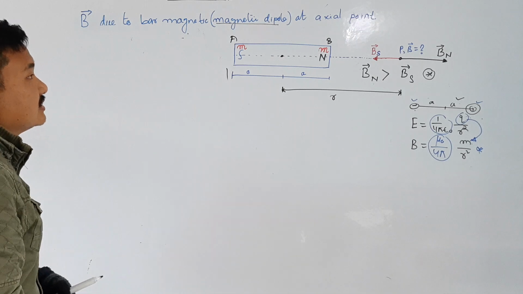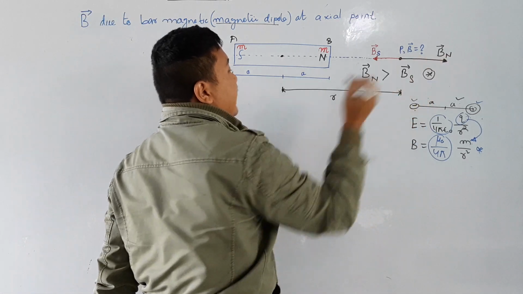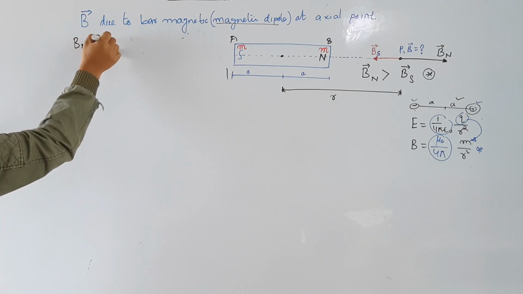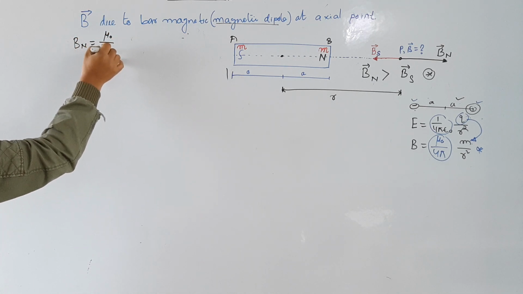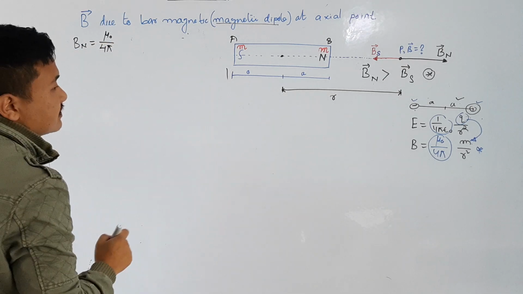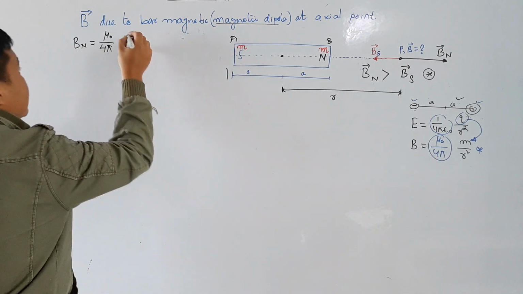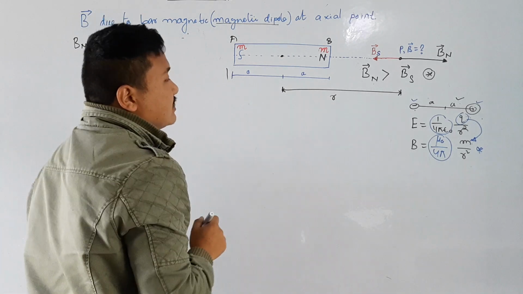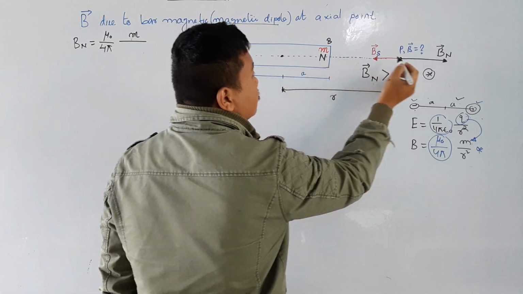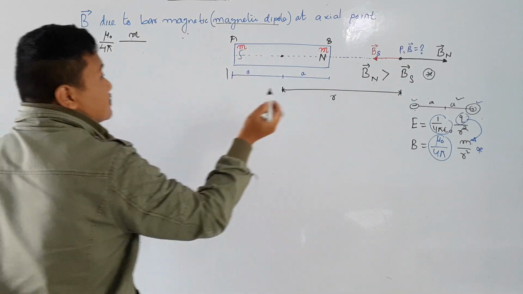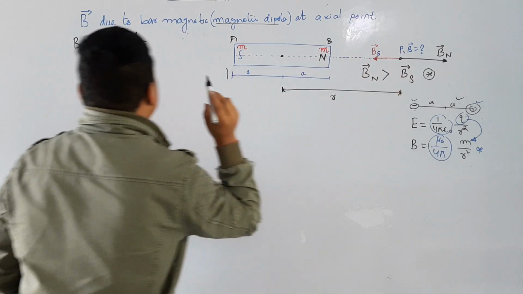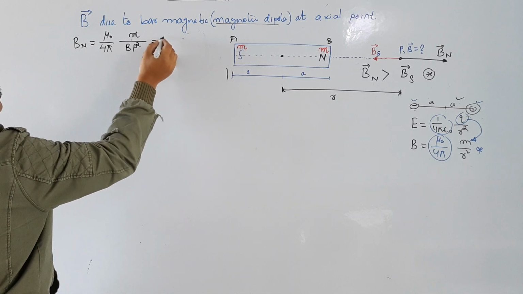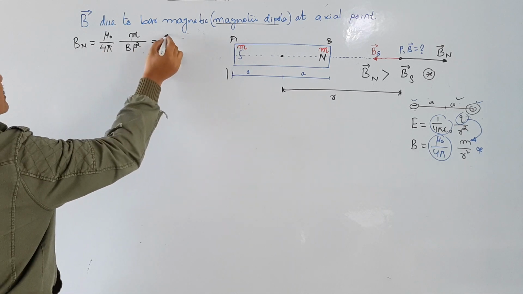So let me find the magnetic field B_N. The magnetic field B_N is equal to mu naught by 4 pi, m divided by r square. Here r square means the distance from this north pole to this point P. So what is the distance? This is BP, so this is my BP square. I will write mu naught by 4 pi as k.